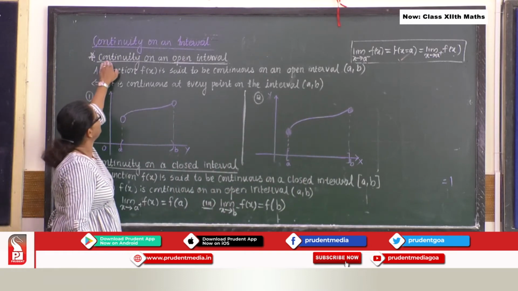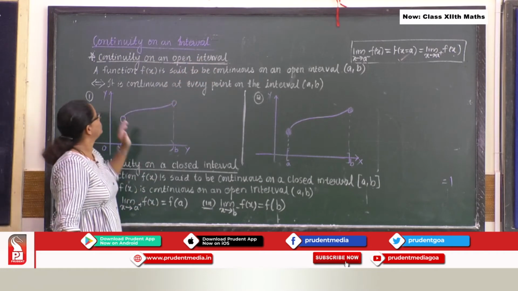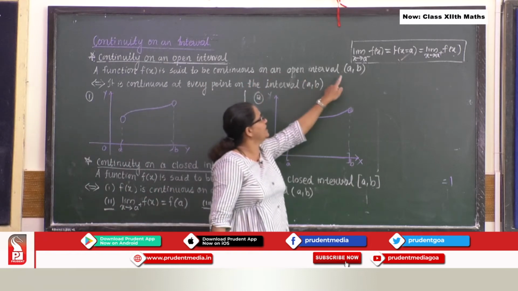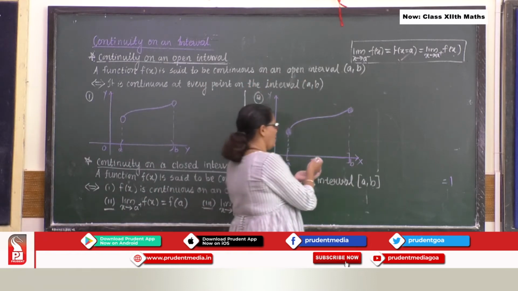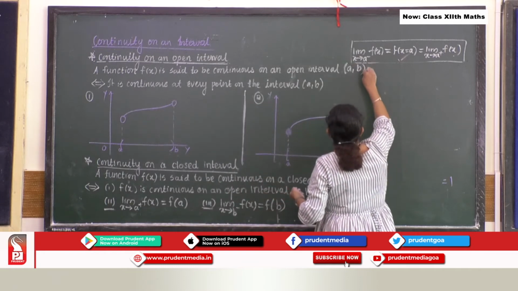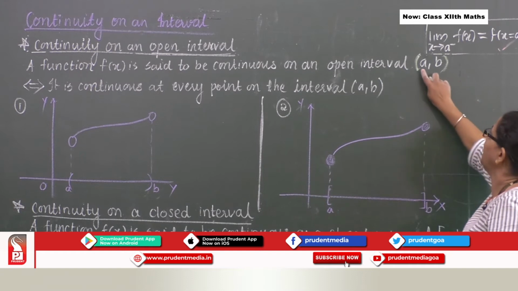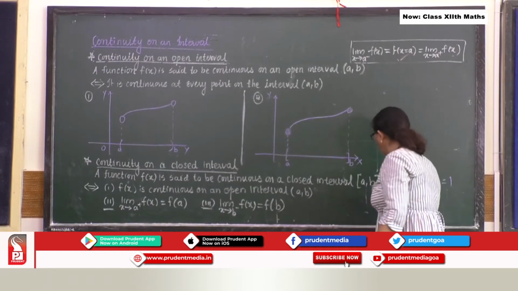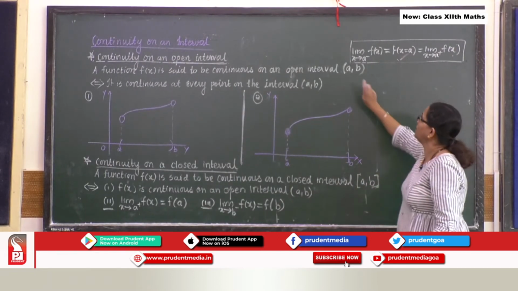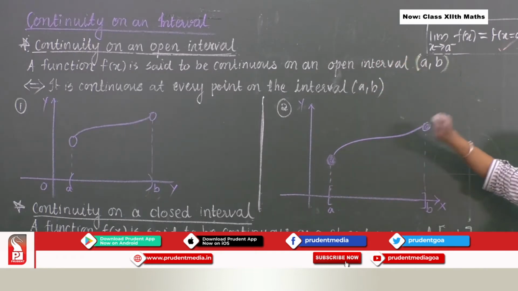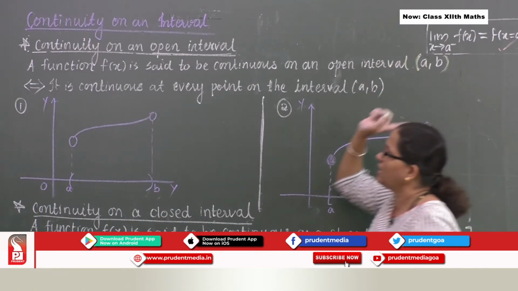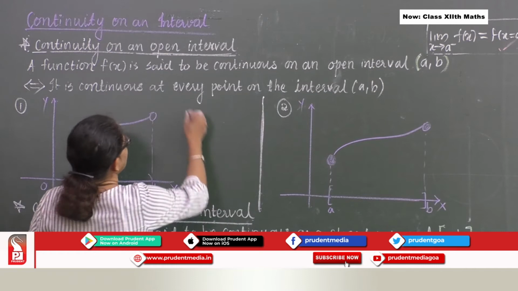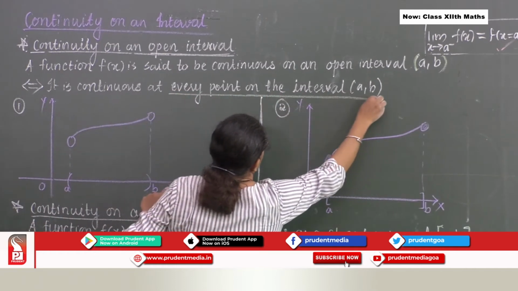So over here, continuity on an open interval. The function f of x is said to be continuous on an open interval a comma b. Here see, when you say open interval, which brackets do we use over here? This kind of brackets. And when we talk about closed interval, we use this kind of brackets. Okay, so we say it is continuous if and only if the given function is continuous at every point on the given interval.